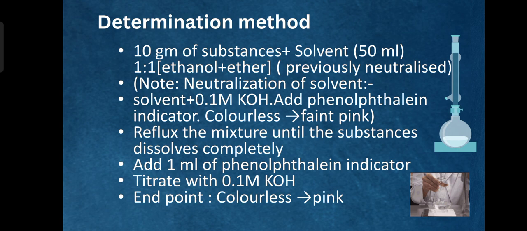So the neutralization of the solvent is carried out as follows: the solvent mixture is taken into a conical flask and titrated against 0.1 molar KOH. As we know, this KOH is basic in nature. Phenolphthalein is added to the solvent. In case the solvent bears any traces of acids, it will remain colorless as soon as we add the phenolphthalein indicator.